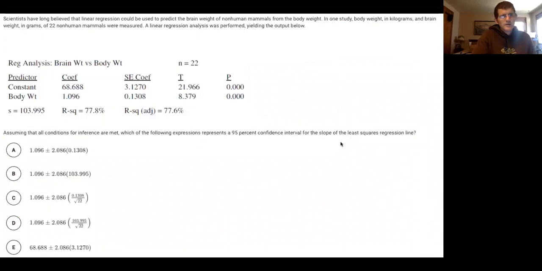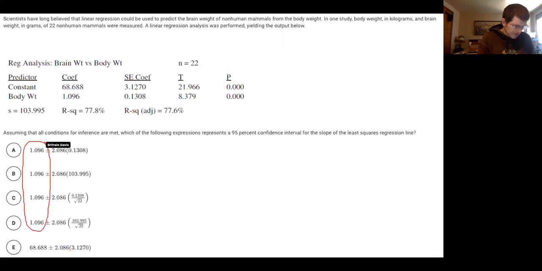All right, another one that's basically asking the same thing. What's the 95% confidence interval? The difference with this one is that if you look at this, all the t stars are the same. So we don't need to refer back to that table. We already know it's going to be 2.086. That's not the question they're getting across. So almost all of the slopes are the same.